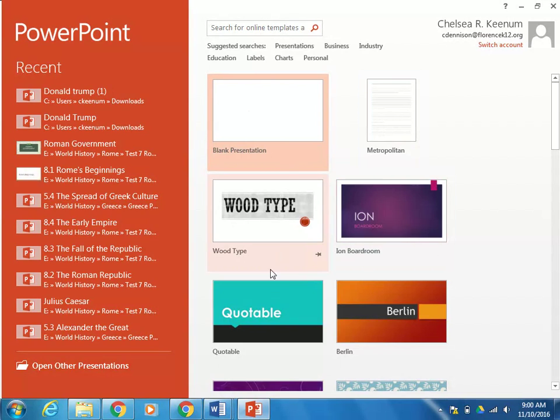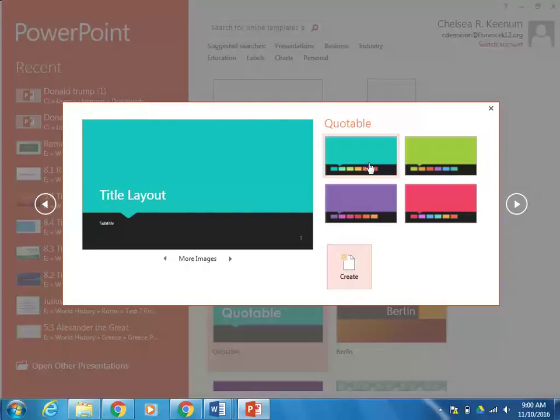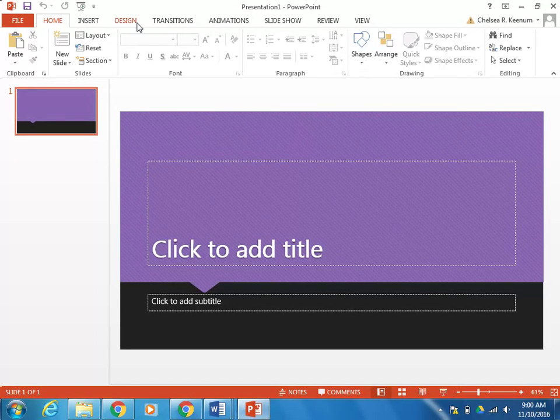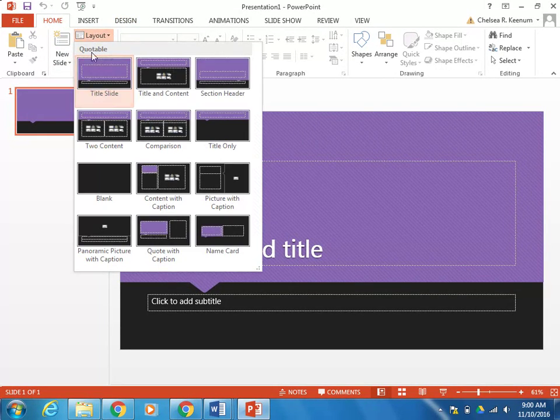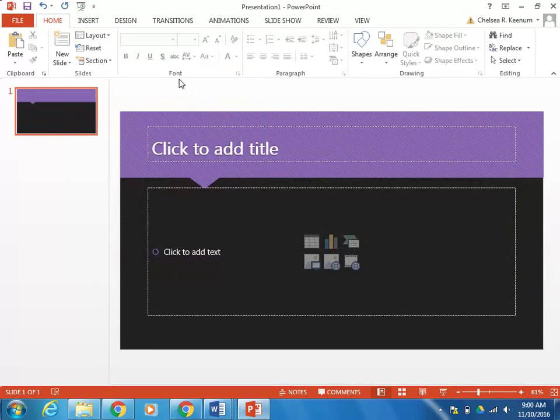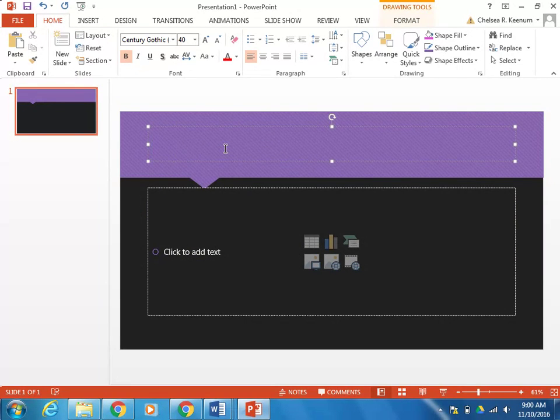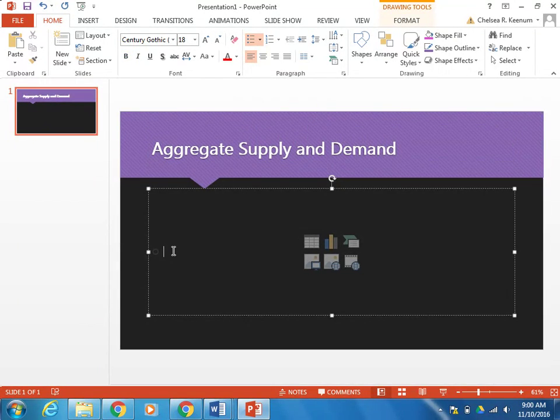So let's type some things up. I know sometimes, let's do purple, sometimes it's easier if I see some things just kind of out here. So, aggregate supply and demand. Okay, aggregate demand.